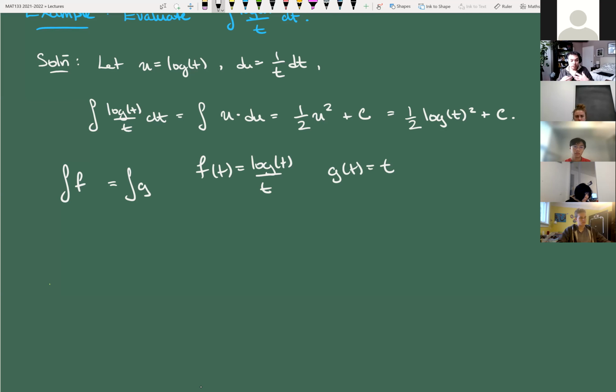So that variable is supposed to be memoryless. That variable is supposed to have no influence over the function itself, but it does, right? When we write this thing down, it does have a memory, and that's illegal, right? That actually is not okay. You're not allowed to write that down. If you interpret these as simply, what is this thing? It is the set of antiderivatives of the function log t over t dt.